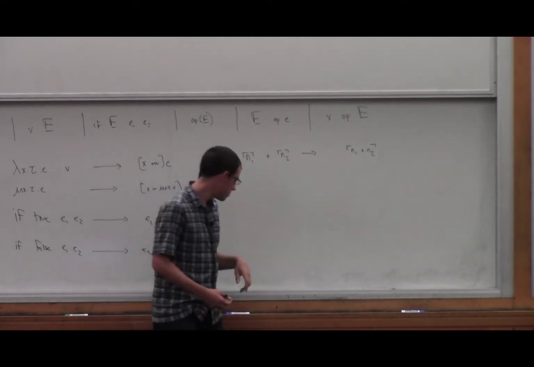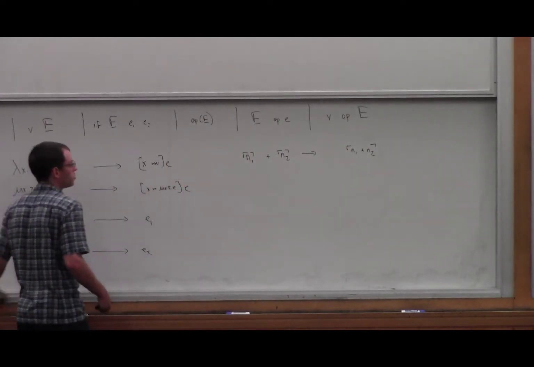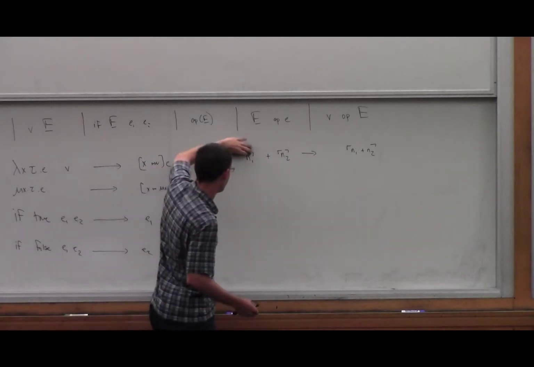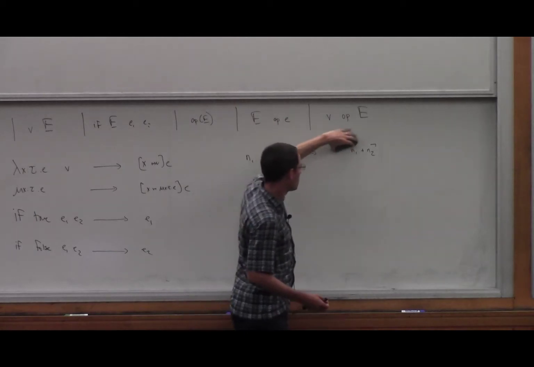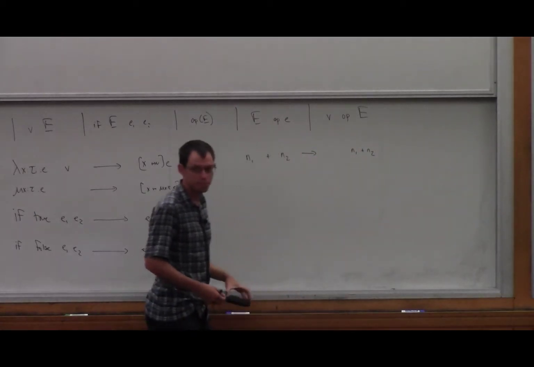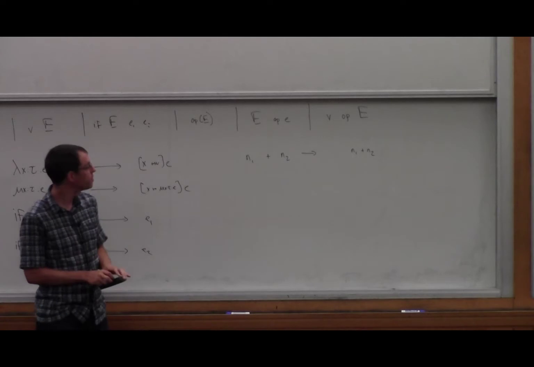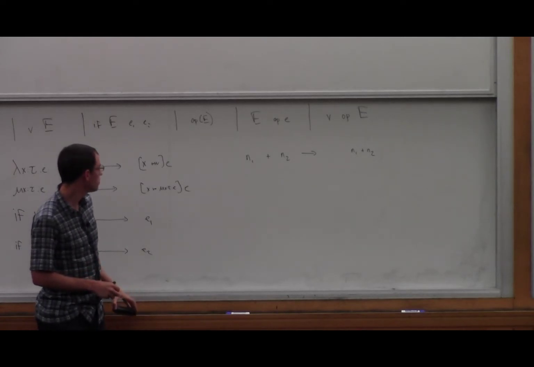But I'm going to go back to writing puns everywhere and leave those off. Yeah? The bracket arrow notation is just regular substitution?